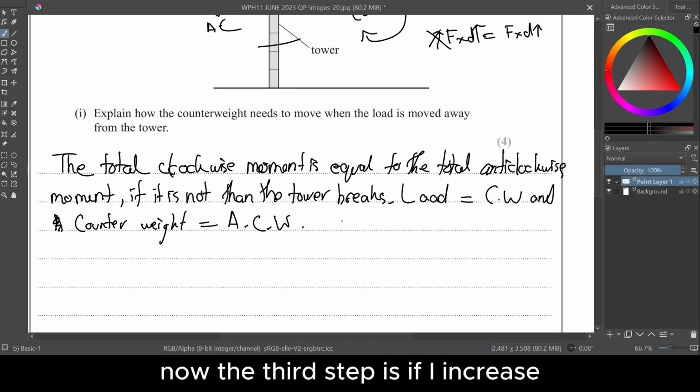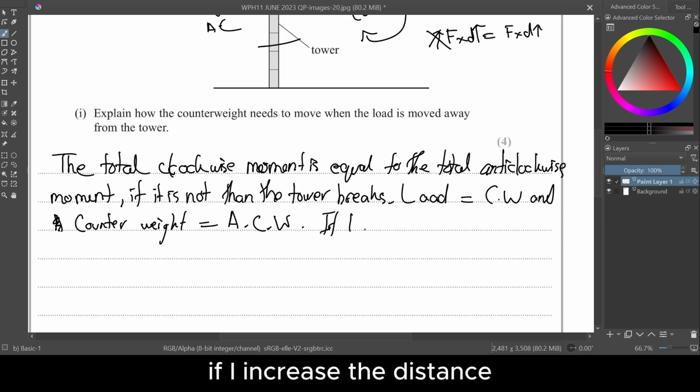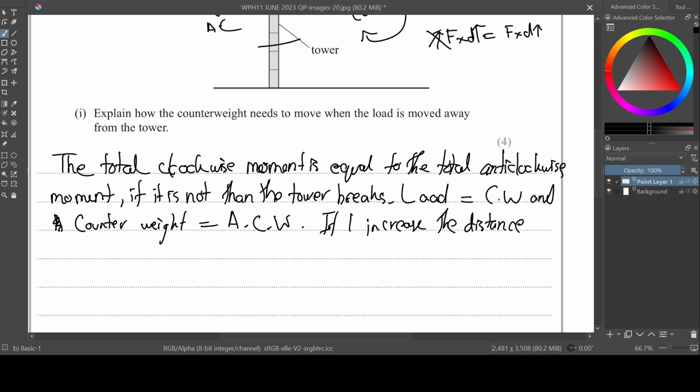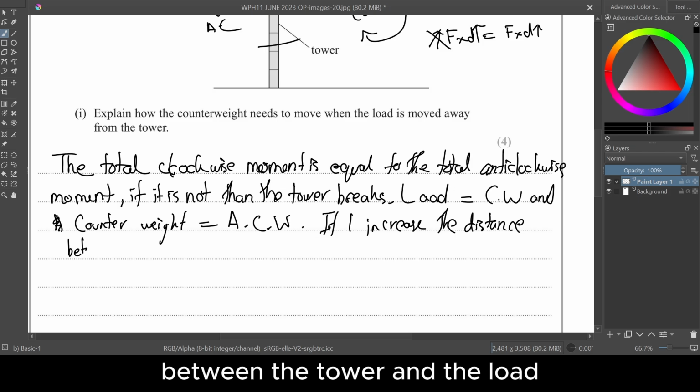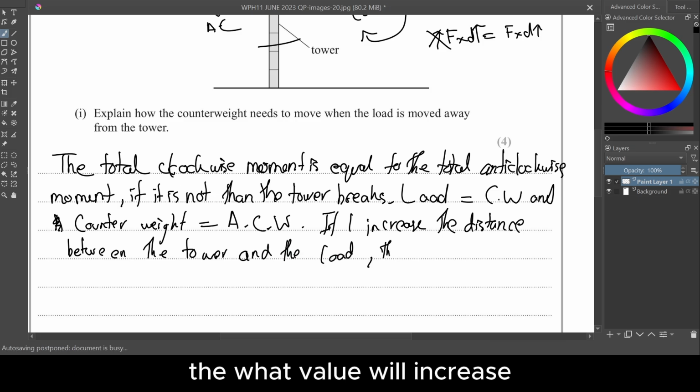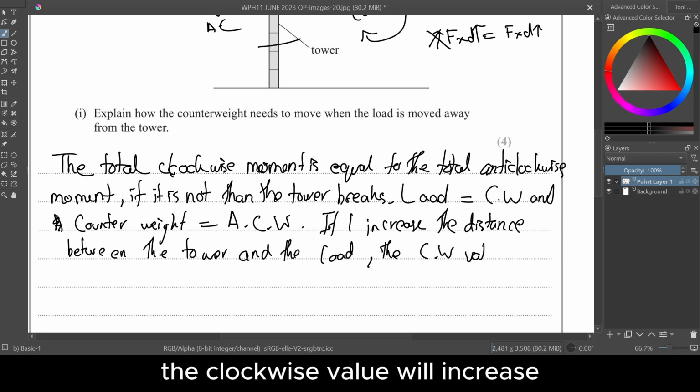Now the third step: if I increase the distance between the tower and the load, what value will increase? The clockwise value will increase.